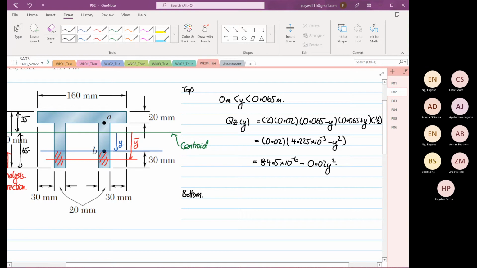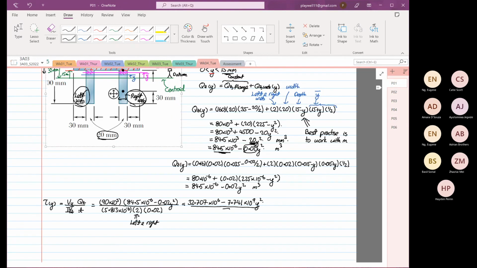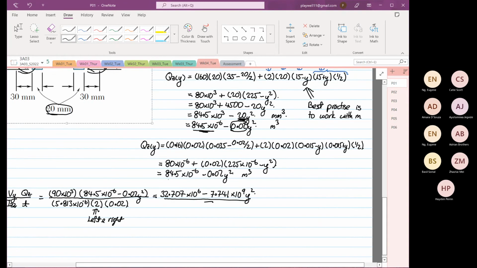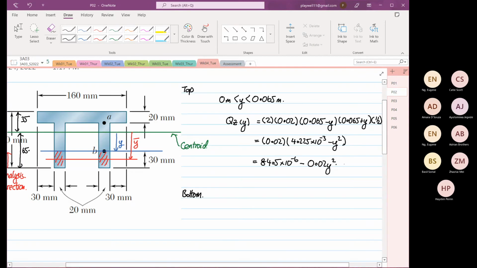So if you look at this equation, it somehow looks really, really familiar, right? So this is just considering the bottom. And then if we look at the previous one, this is our first moment of area, right? The values are the same. Okay, the values are the same as you can see. And these are all in meter cubed, right? You got 84.5.